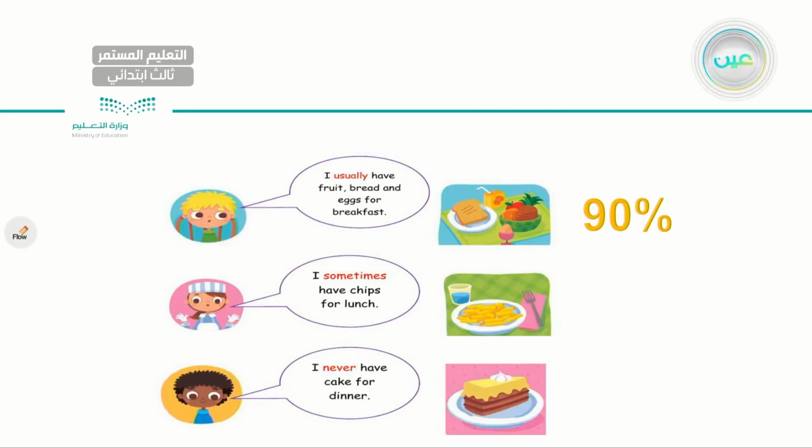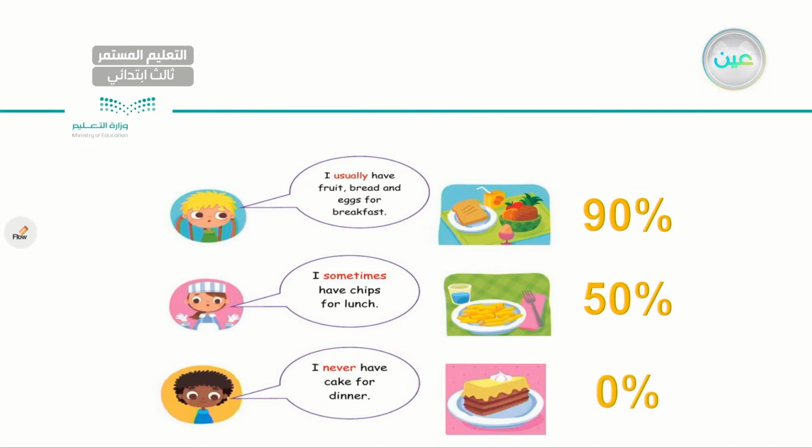I sometimes have chips for lunch. Sometimes, what do you think? Sometimes is 50%. Very good, my dear student. And for the last one, I never have cake for dinner. Never is 0%. Very good.